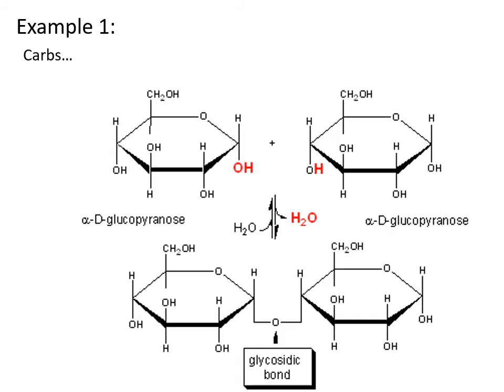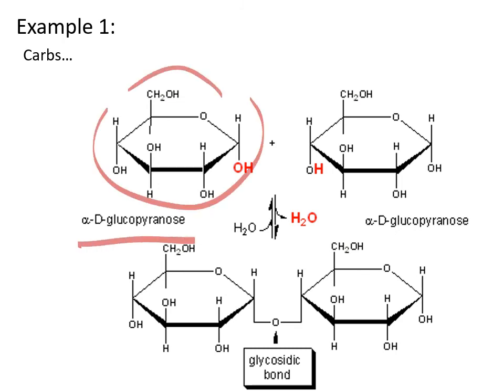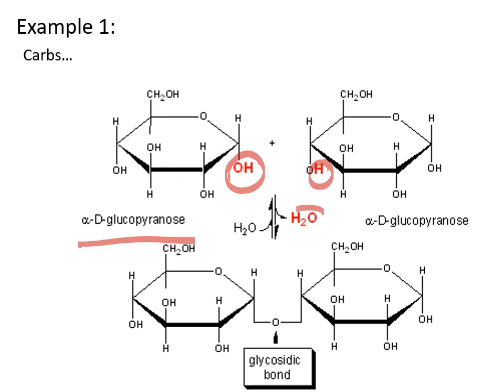So let's say we had this molecule, and this molecule, which is the same thing. So these are two monomers. And what we can do is we can actually join them together. So we can put them together by taking the hydroxyl functional group and the hydrogen and making water out of them. So the OH and the H go together. But now you'll notice the oxygen here would be missing a bond, right?